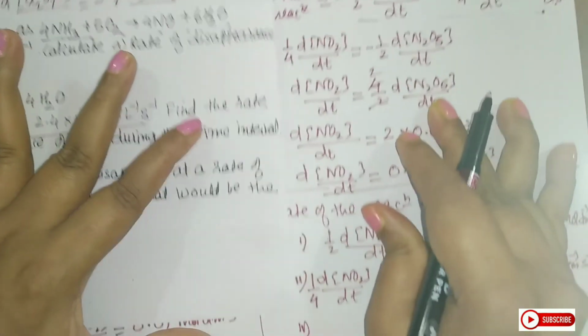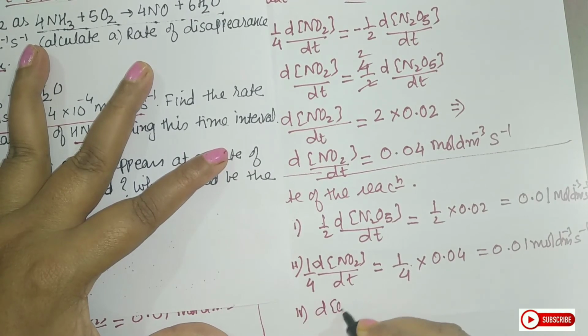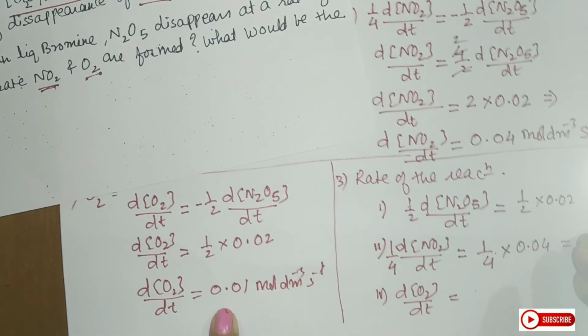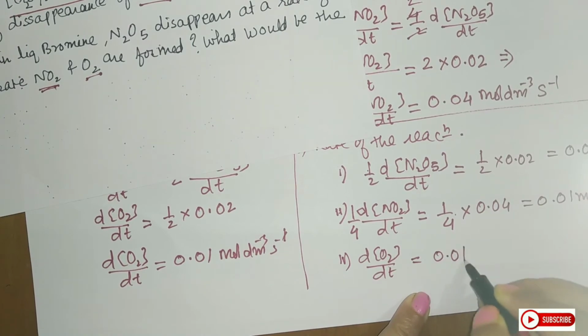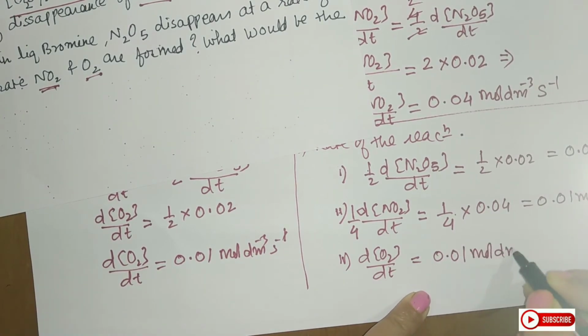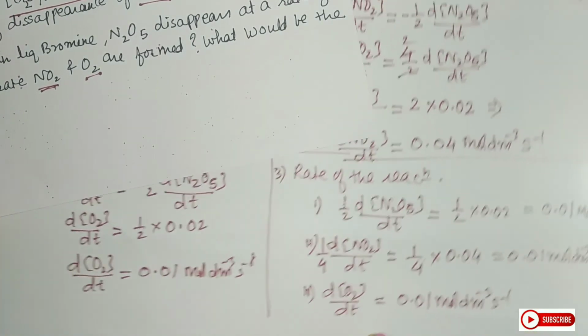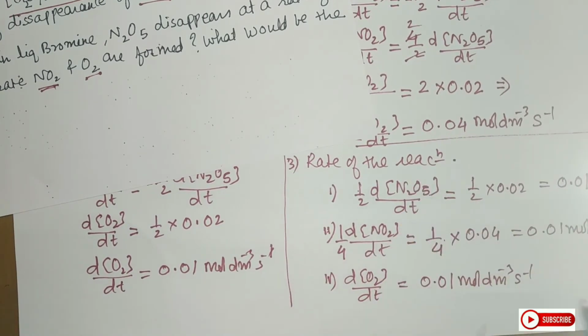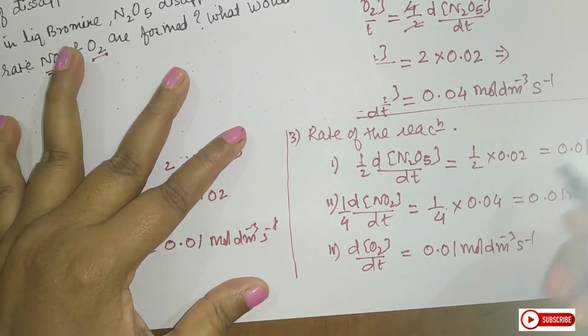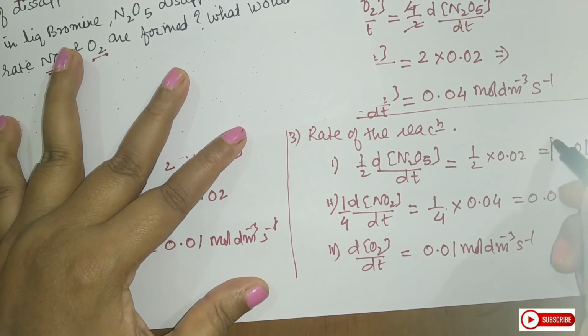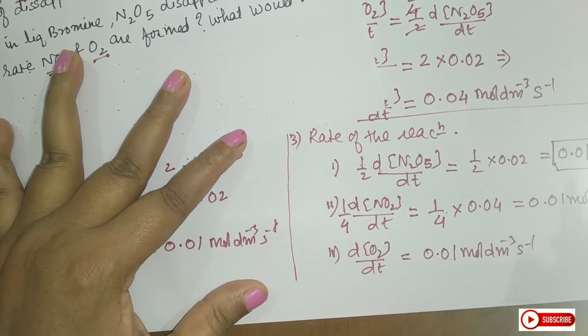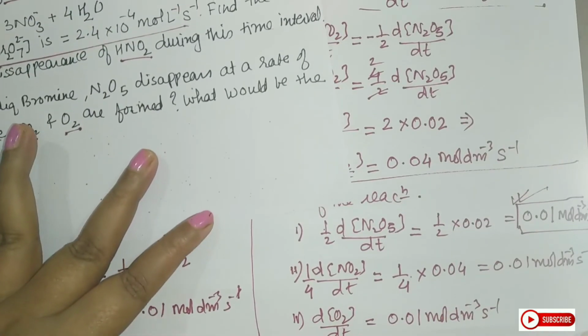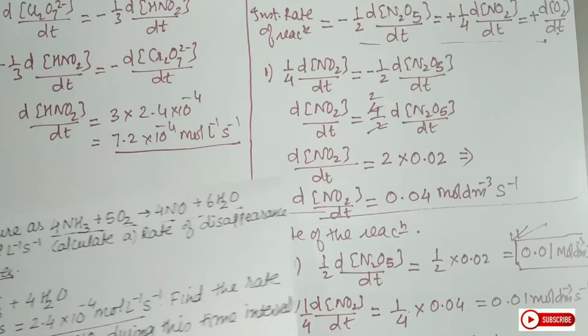It is only dO2 by dt, which is equal to the concentration of oxygen. What we have calculated is 0.01 mole per dm cube second inverse. So what is the rate of the reaction? You can write any one, so it will be 0.01 mole per dm cube second inverse. So this is how you will solve the problems.